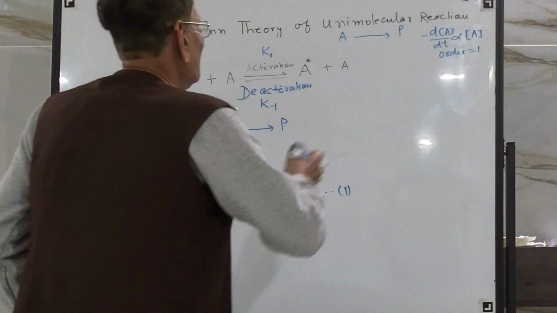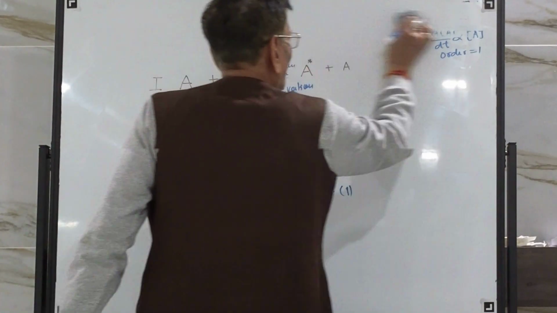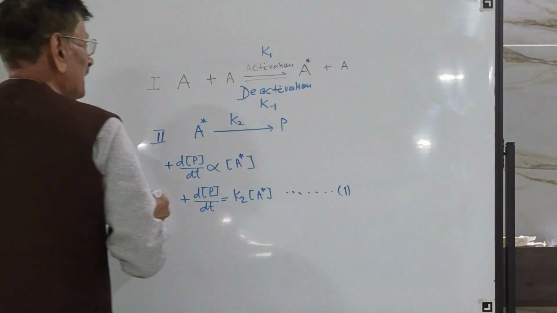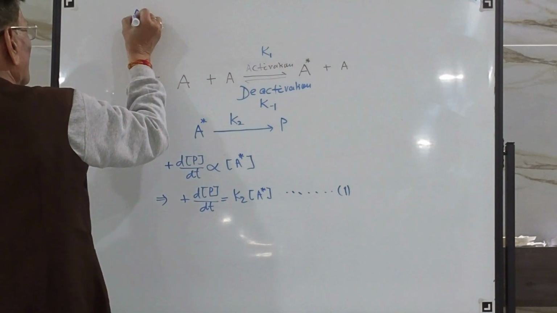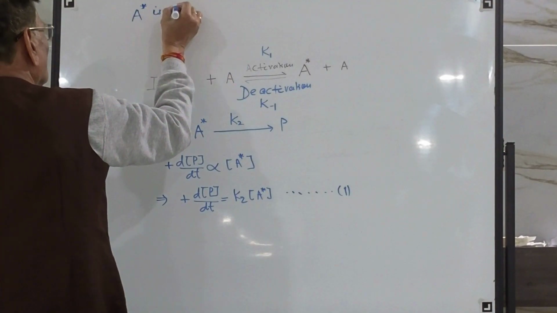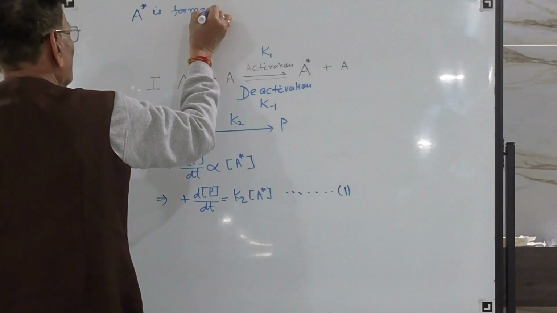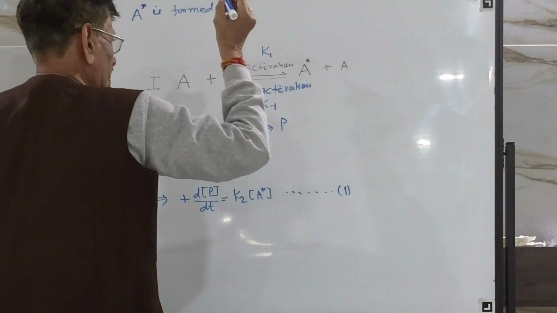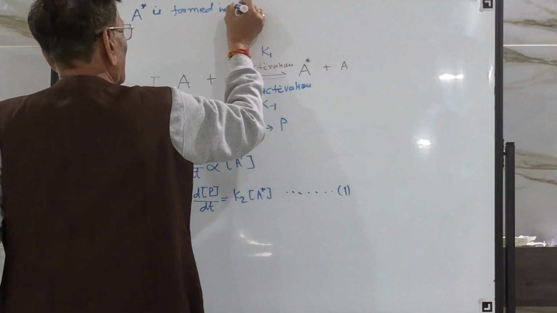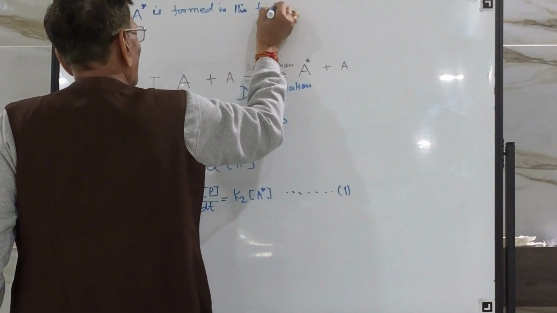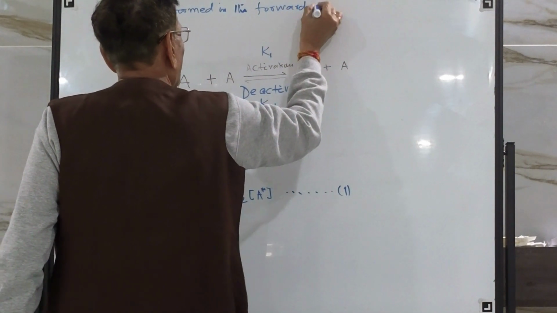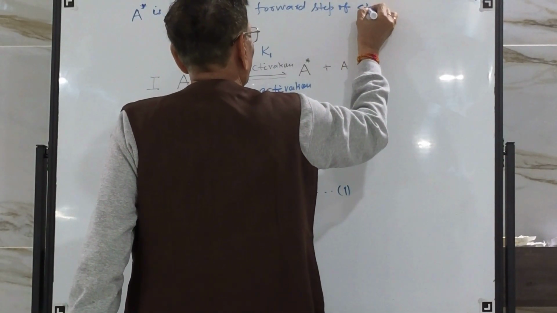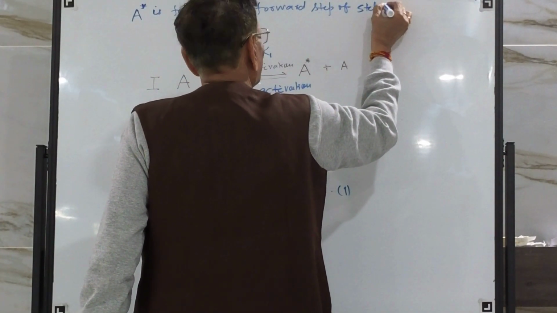Now see, A star is formed in the forward reaction, the forward step of step 1.